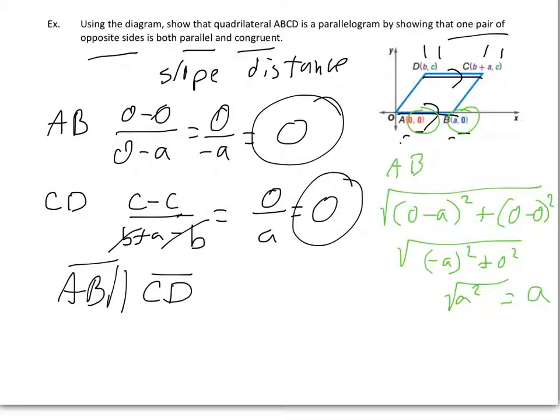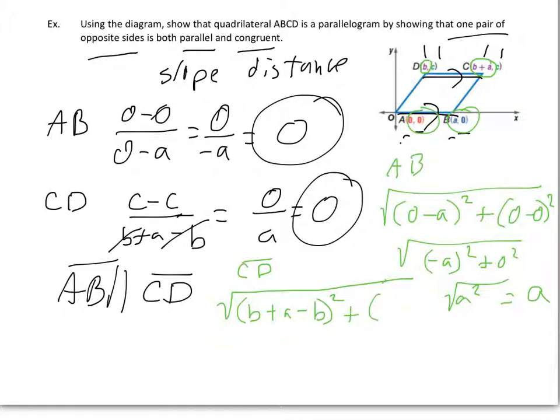Now let's do the same thing for CD. We're going to say B plus A minus B, the other x-coordinate, squared. So what I did is I took this x, I subtracted this x. B plus A minus B squared.